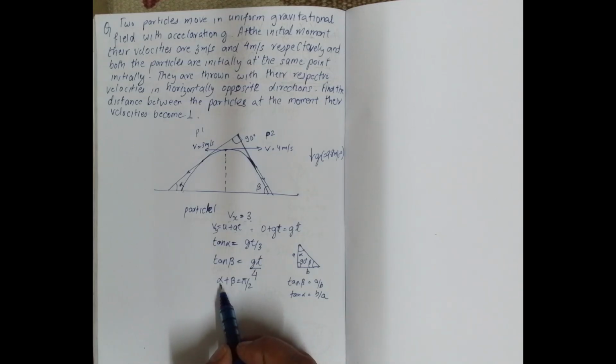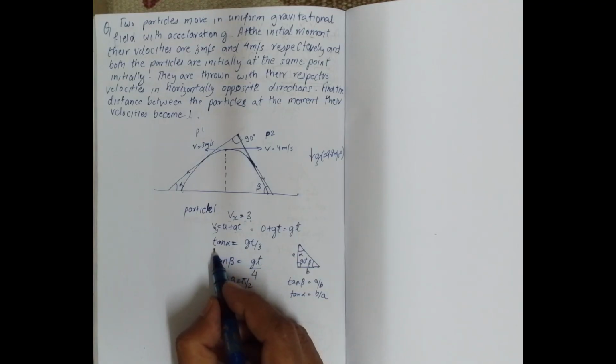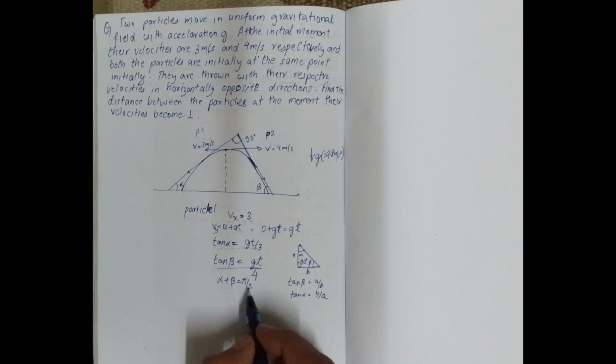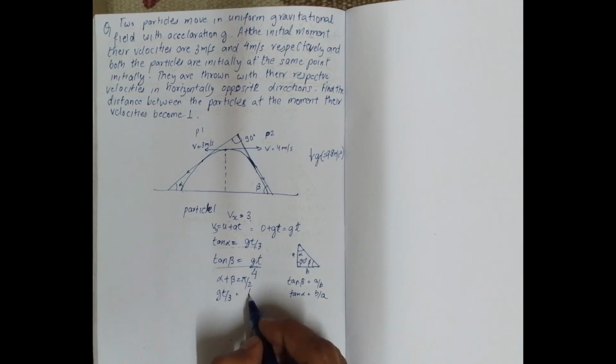Similarly here, tan alpha is equal to 1 by tan beta. So if you collectively use this information, that tan alpha is equal to 1 by tan beta, what you will get is gt by 3 is equal to 1 by (gt by 4).